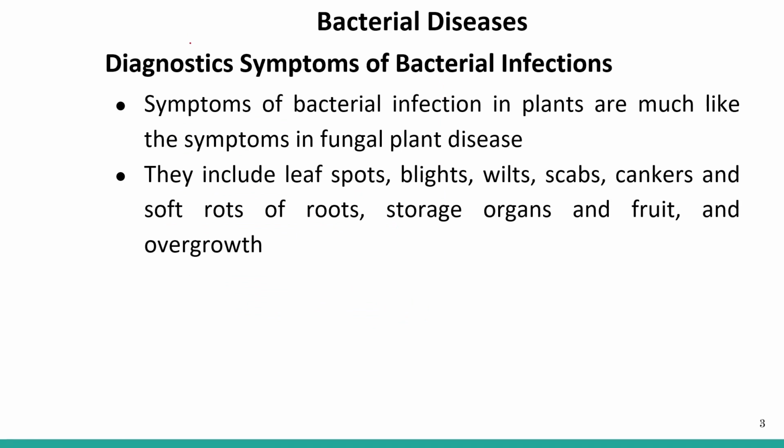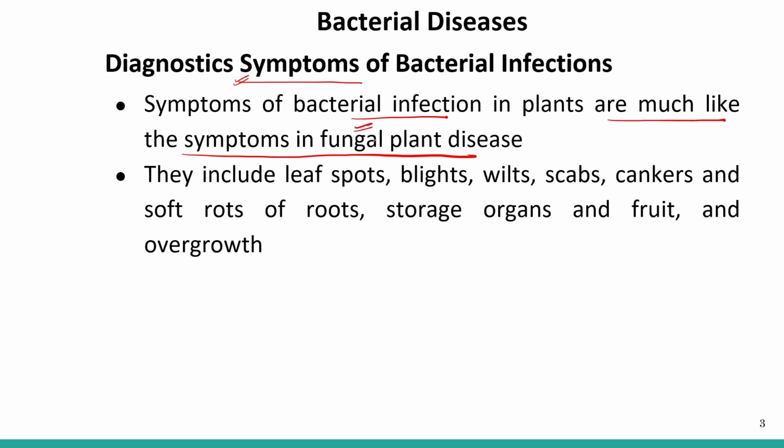So let us start. Diagnostic symptoms of the bacterial infection. How can we diagnose that this is a bacterial infection? On the crop plants, symptoms are there, and we are able to diagnose that this bacterial disease is there. Symptoms of bacterial infection in plants are much like the symptoms of fungal plant disease.